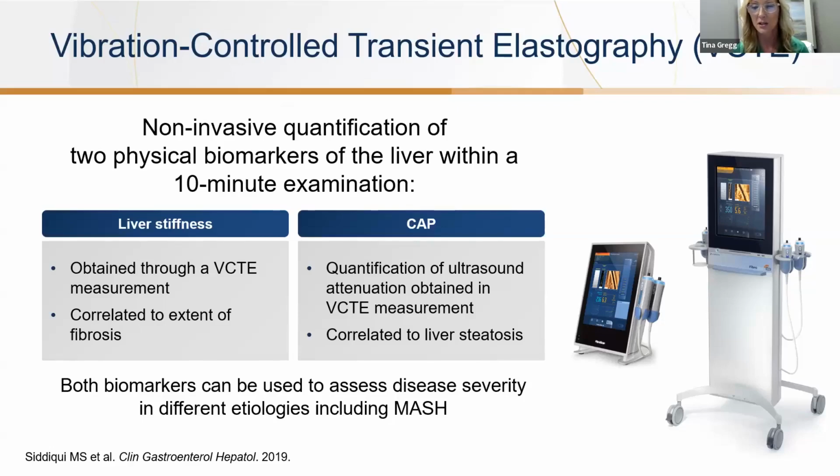This measures how much the ultrasound signal is attenuated as it passes through the liver. The more fat in the liver, the greater the attenuation, the higher the score. So with FibroScan, again, we get two pieces of information: the fat content in the liver, and then also the stiffness score, which is a surrogate for fibrosis.